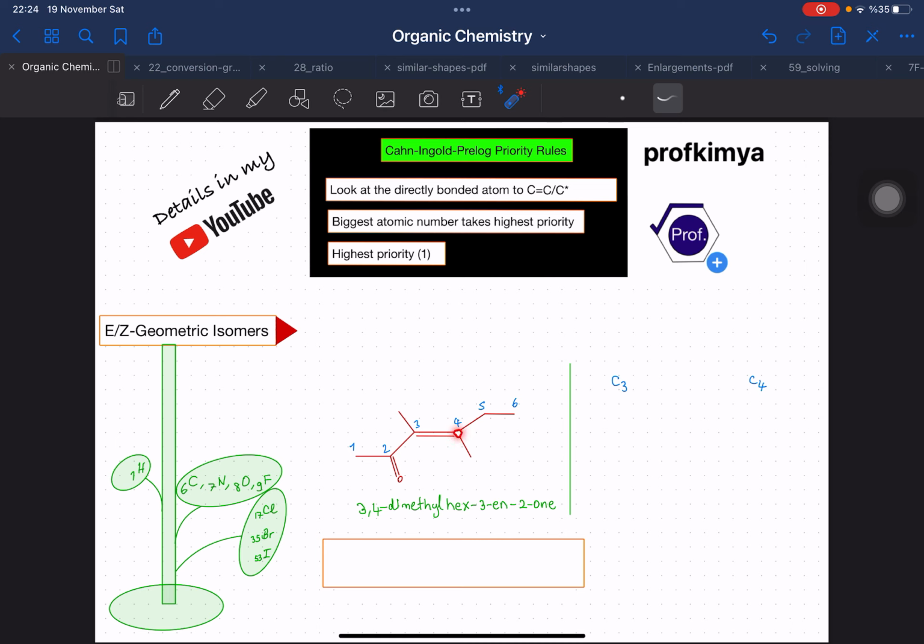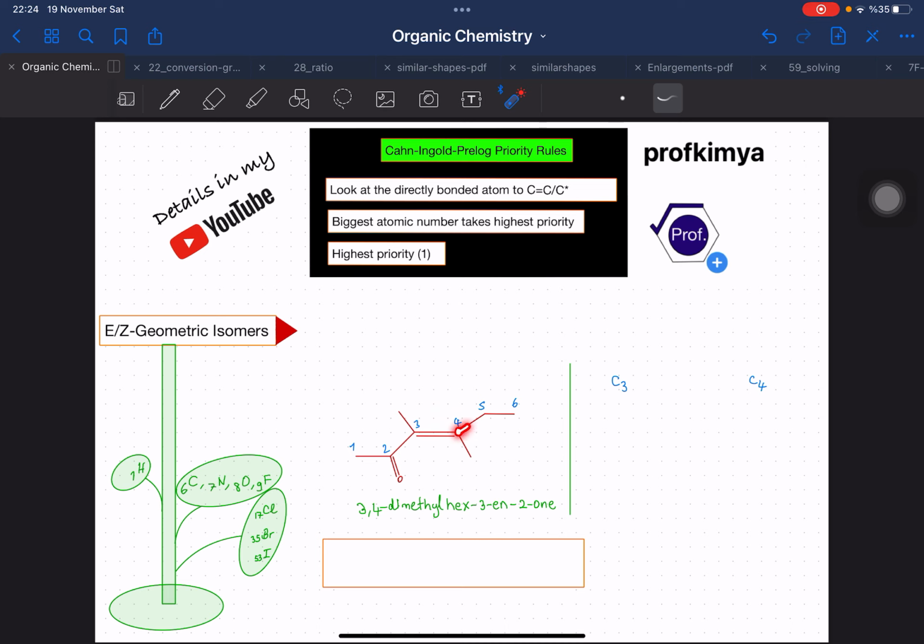C4 carbon has ethyl group and methyl group. To determine EZ configuration, we will look at the atoms that are directly bonded to this C4.